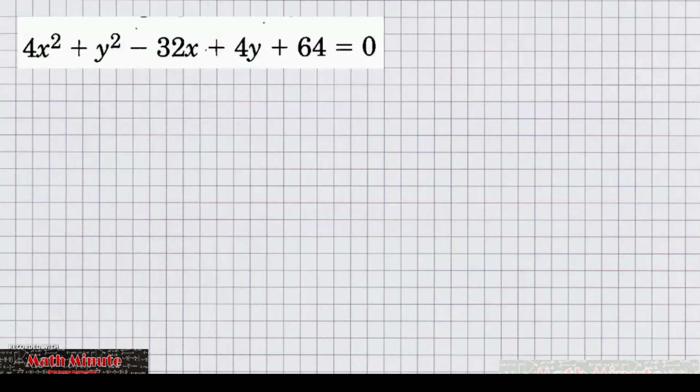So let's have the final example here. For your final example, we have 4x squared plus y squared minus 32x plus 4y plus 64 is equal to 0. As you can notice, it is not on its standard form. It's on the general form of a conic section. So in here, the first thing that you have to do is to convert this first into its standard equation.